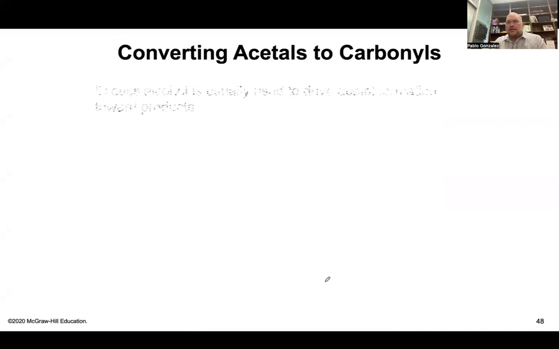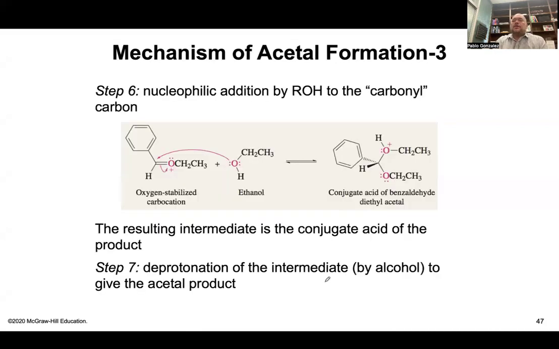So in here, we just basically remove this hydrogen. It could be removed by another molecule of alcohol, or water if we also have it in the medium. And then we remove that, producing the acetal in that molecule.